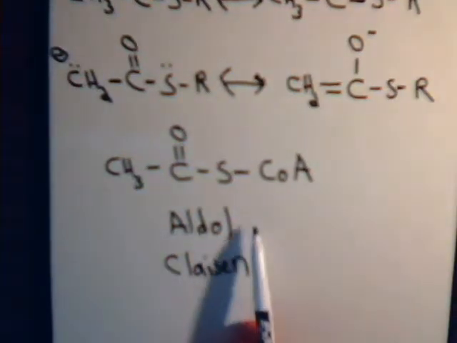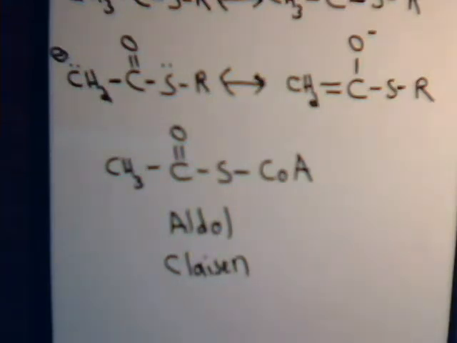These are all dependent upon an active carbanion. And in biochemistry, these types of reactions, the aldol-type reactions and the Claisen-type condensation reactions, those are how steroids are formed and how fatty acids are made biochemically.